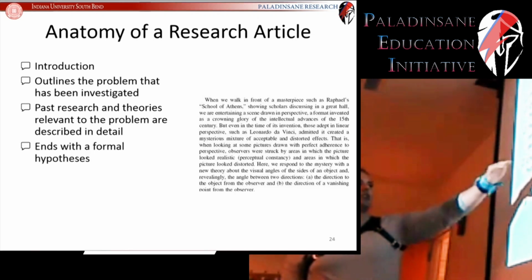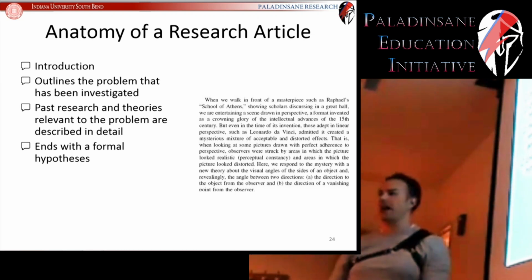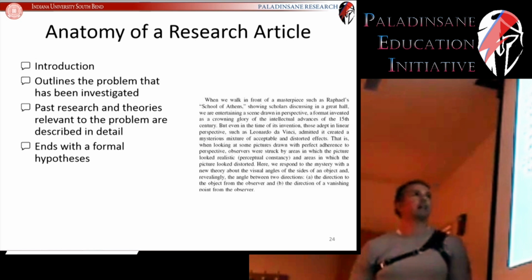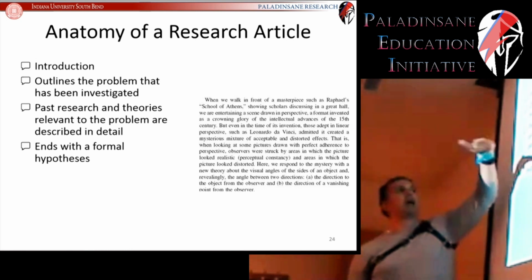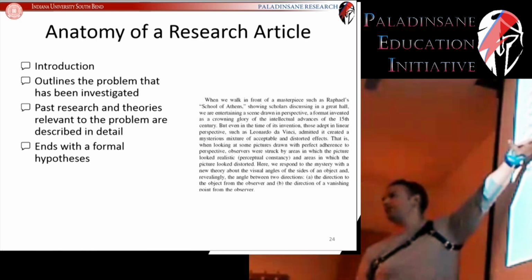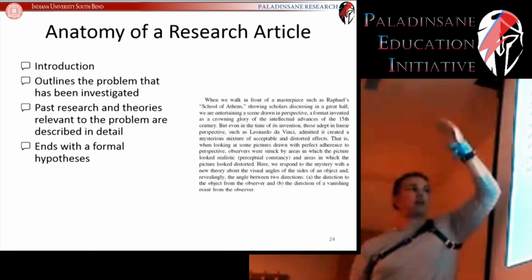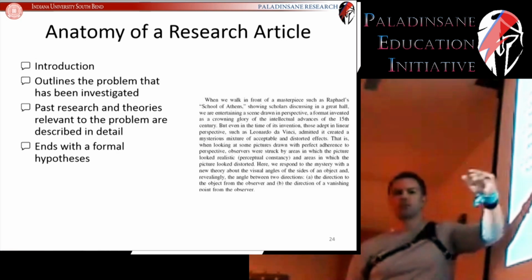And then your introduction ends with a formal hypothesis. It ends with a deduction that says, if these theories are true, and we put subjects into the experimental situation that we're going to put them in, then we should find this behavior. We should find this result.